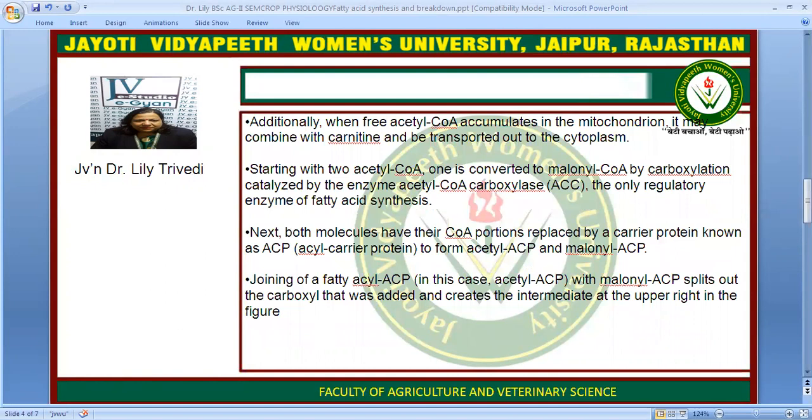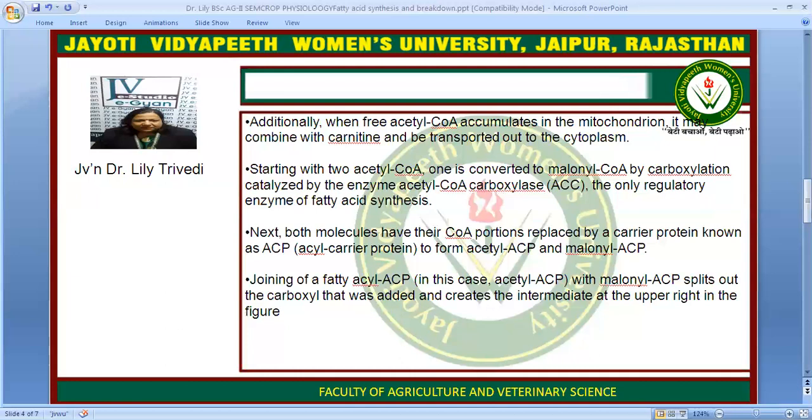Starting with two acetyl coenzyme A, one is converted into malonyl coenzyme A by carboxylation, catalyzed by the enzyme acetyl coenzyme A carboxylase. It is the only regulatory enzyme of fatty acid synthesis.